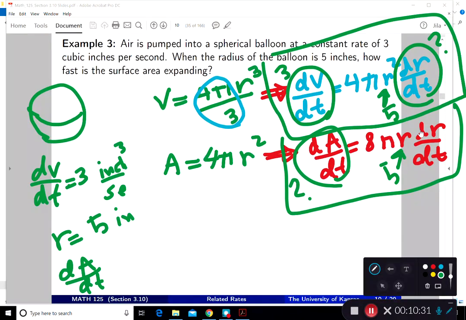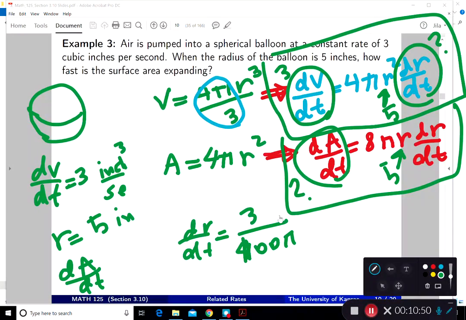So I solve for dr/dt in the first one. dr/dt is equal to 3 divided by this whole entire thing, 4 pi times 25, which is 100 pi, right?